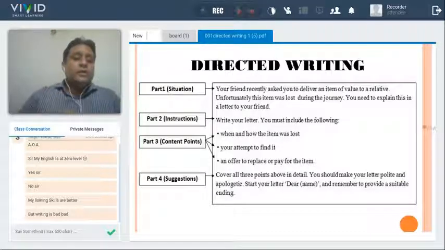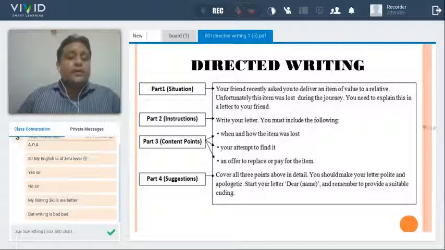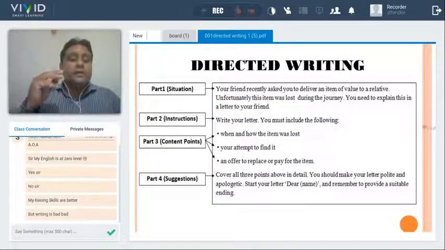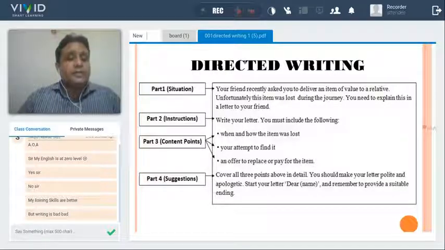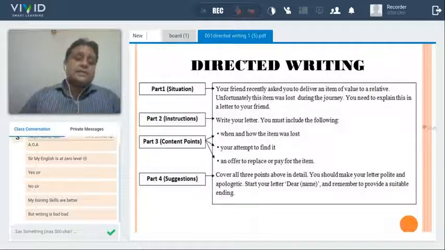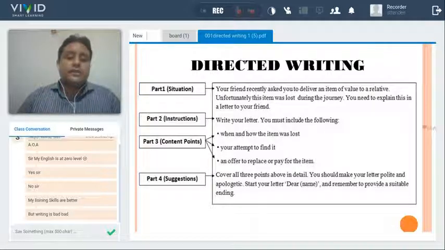So the third part of a directed writing question will be the content points. My dear students, you'll be given three content points in your paper in the directed writing question. In this case, the three content points here on screen are: when and how the item was lost.